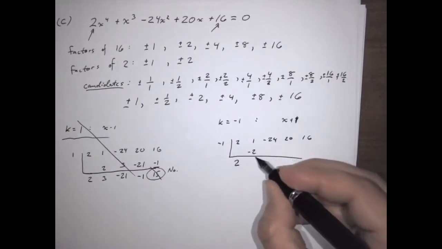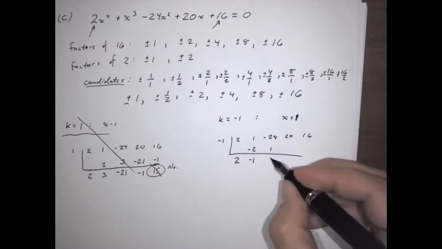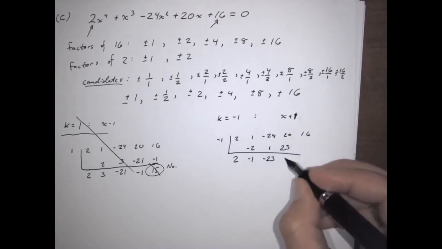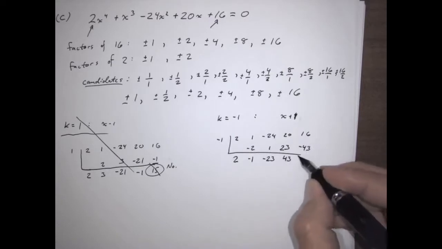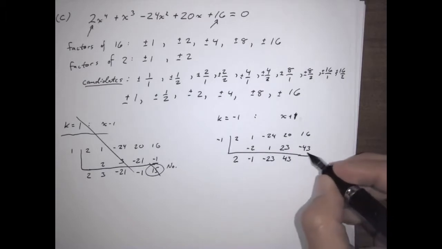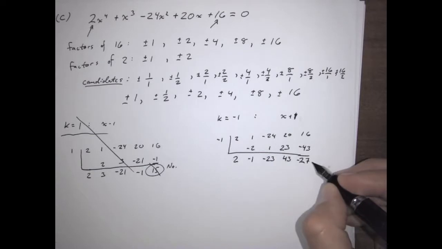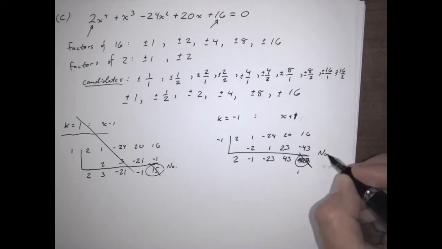Multiply makes a negative 2, add makes negative 1, multiply makes a 1, add makes negative 23, multiply makes positive 23, add makes 43, multiply makes negative 43, add does not make 0. So for the record, it's whatever it is, negative 27. Not 0, that's the important thing. So it's no.